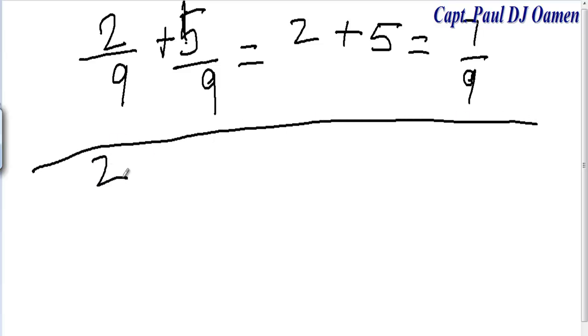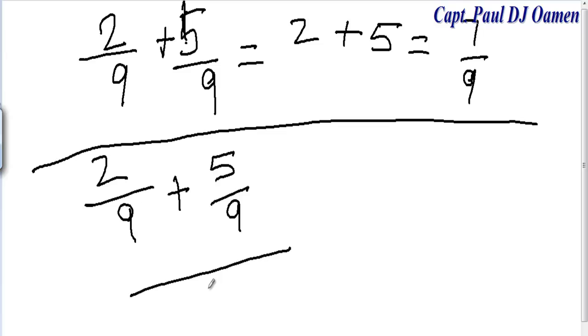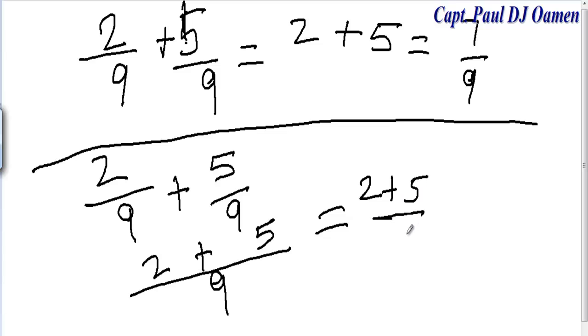You can always use this method as well. 2 over 9 plus 5 equals that, and just use the old method of the LCM, which is 9 goes here is 1 multiplied by 5 is 5, and the same thing here. 9 here, 1 multiplied by 2 is 2, and all you need to do then is add 2 plus 5 and you arrive at the same answer. So in this case the answer is 7 over 9 as well.